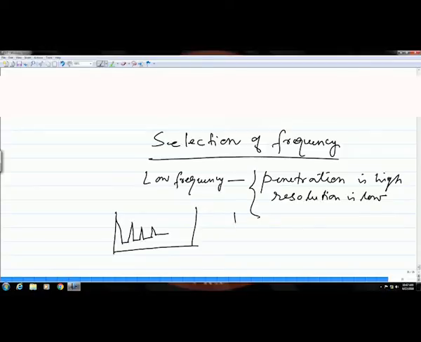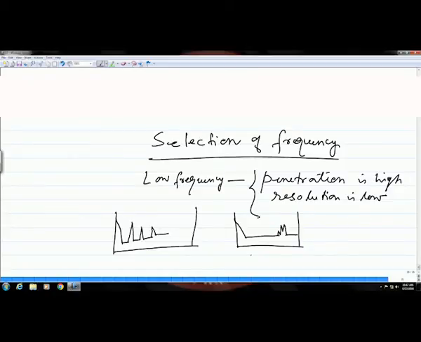But if you have two defects lying close to each other, then this may not be able to resolve it. Two defects which are very close to each other should come as two distinct defect echo peaks, but in this case this might appear like two peaks merged into one.